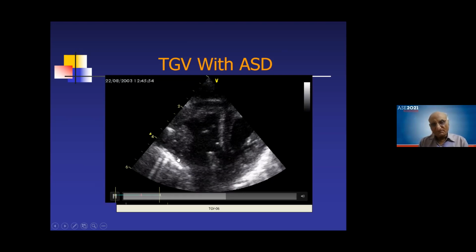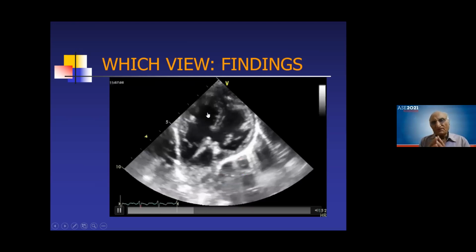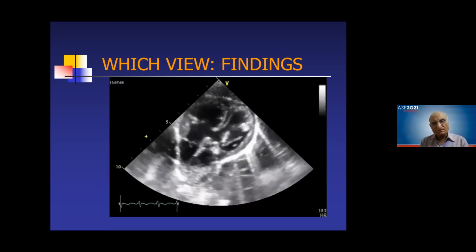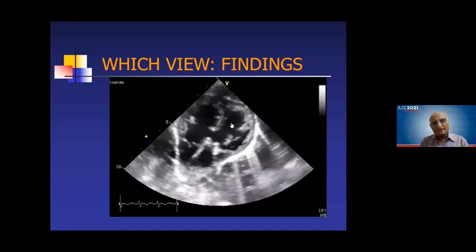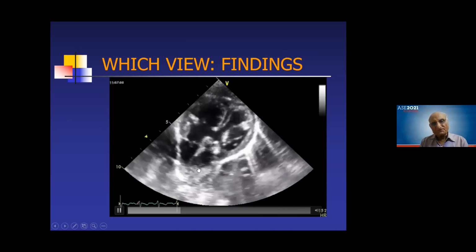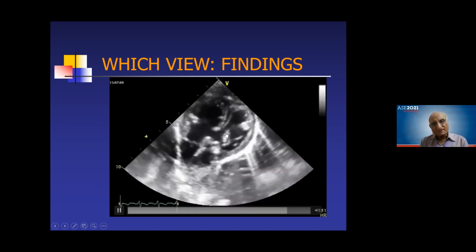One of our recent cases, where you have to do modified views. Now this is a part of the subcostal view. This is the right ventricle, and this is the left ventricle. Here we have modified the view to show the arteries also. And this is the atrial septum.